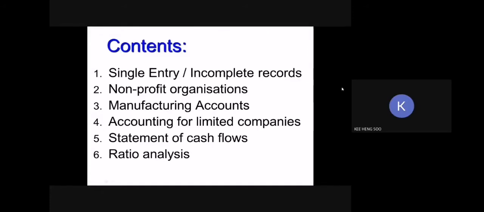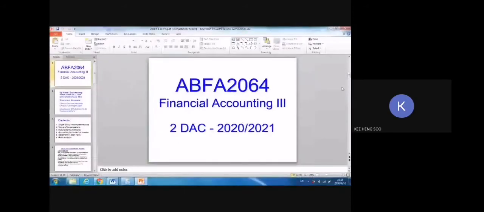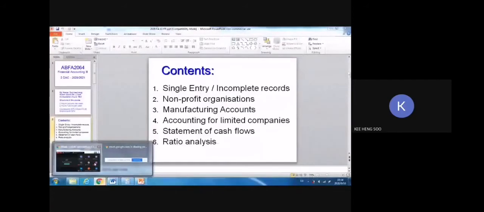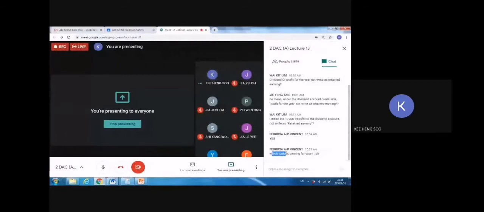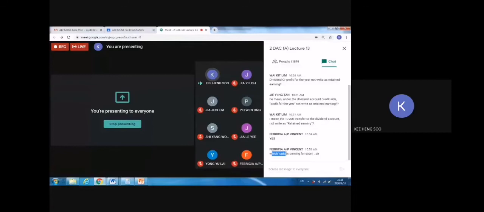So that is the structure of the ABFA 2064. So which topics? You only have 6 topics. Even though any student who cannot make it now will come for resit or next year, still all topics will come out. Financial accounting, you cannot skip one. You cannot say spot which topic comes out, then you do that part. Cannot be covered all. Okay? And explain a bit about calculation answer for the interest cover.